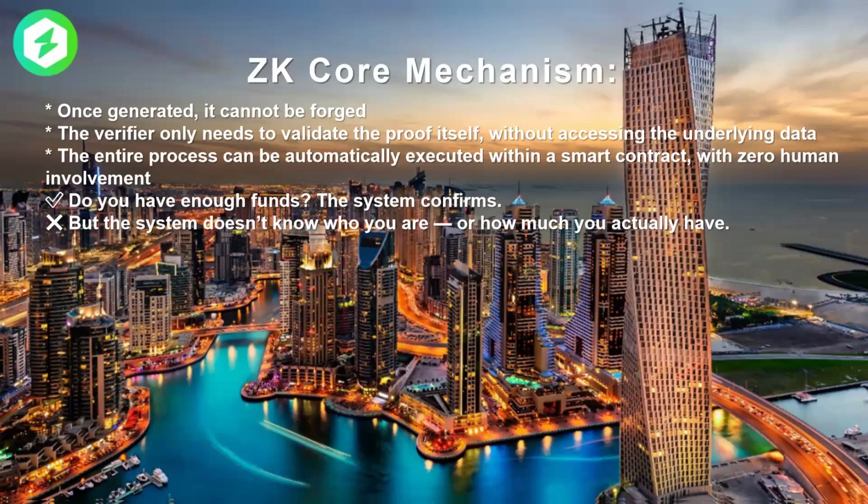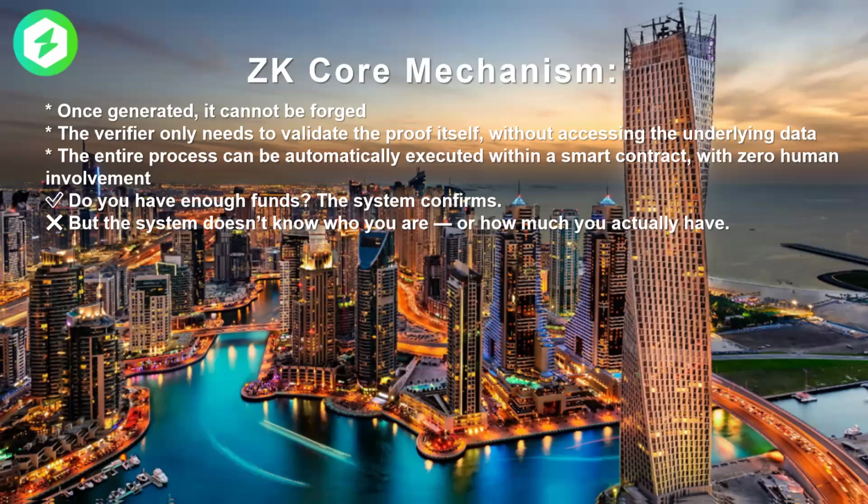Okay, so the next section is the second core mechanism. Why is this so important? The system uses a set of cryptographic circuits and mathematical algorithms to construct a mathematical object called a proof.